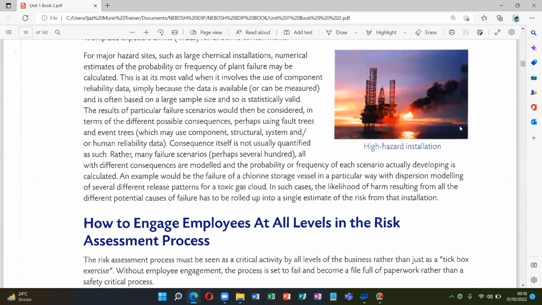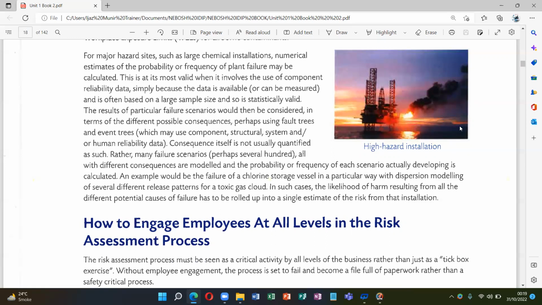For major hazard sites such as large chemical installations, numerical estimates of the probability or frequency of plant failure may be calculated. This is at its most valid when it involves the use of component reliability data, simply because the data is available or can be measured and is often based on a large sample size and is statistically valid.